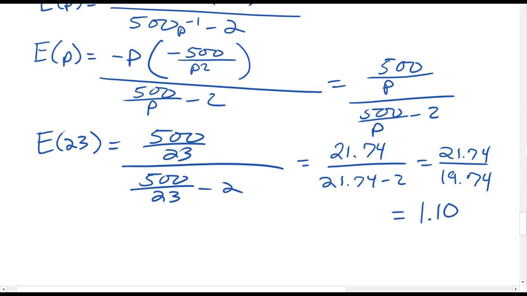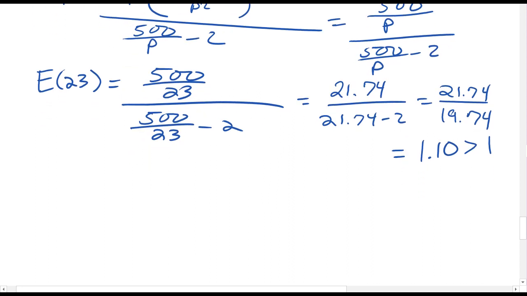So because our elasticity is greater than 1, that means that the product is actually elastic. And I know they didn't ask this, but if we were to make a suggestion to our boss about whether we should raise or lower prices, because we're elastic, we should lower the price.